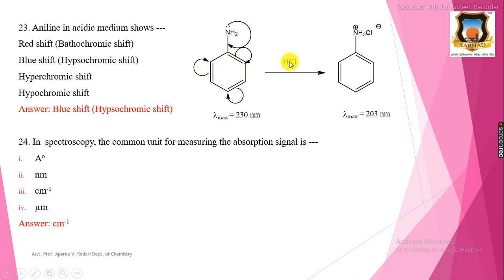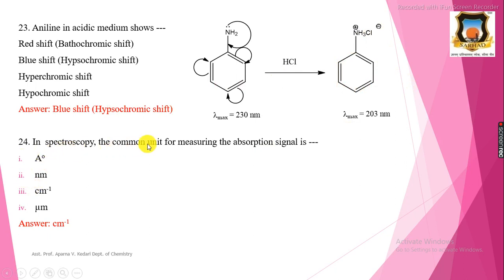But when a small amount of acid is added, it undergoes protonation and gives anilinium ion. Then there are no electrons available to resonate. Therefore, it shows the blue shift, that is hypsochromic shift, a shift to shorter wavelength, that is, higher energy is required.